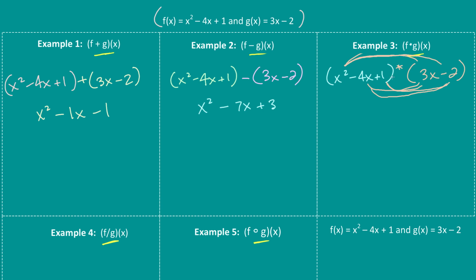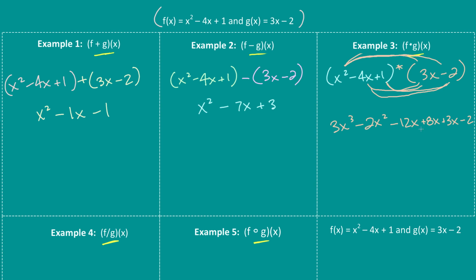So x squared times 3x is going to be 3x cubed. Might as well do x squared times minus 2, which is going to be minus 2x squared. Minus 4x times that 3x would be minus 12x squared, plus 8x, and the last one will be plus 3x minus 2.